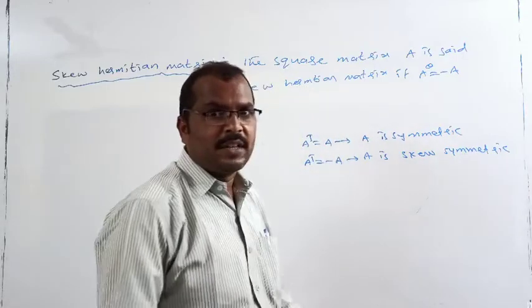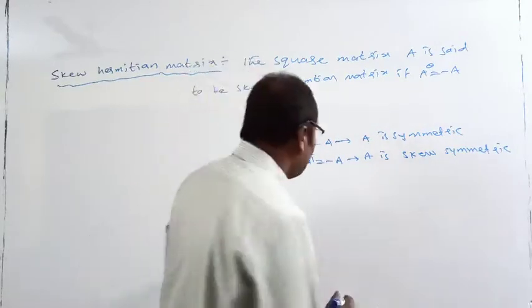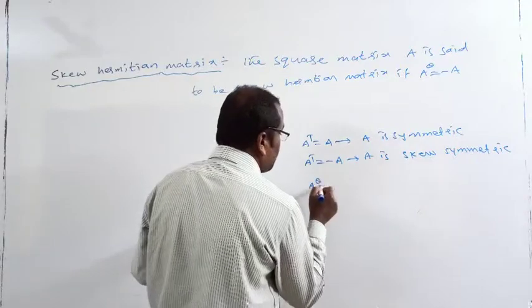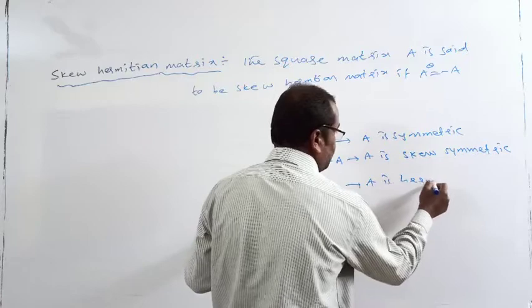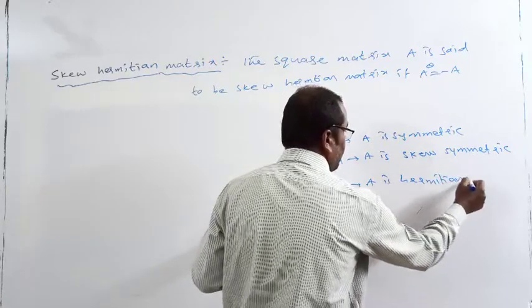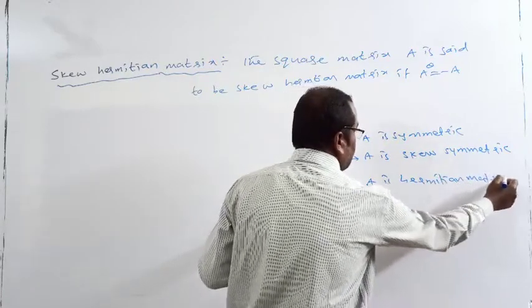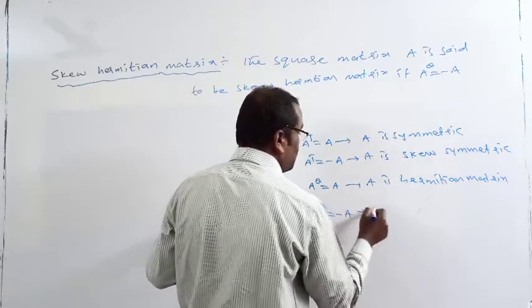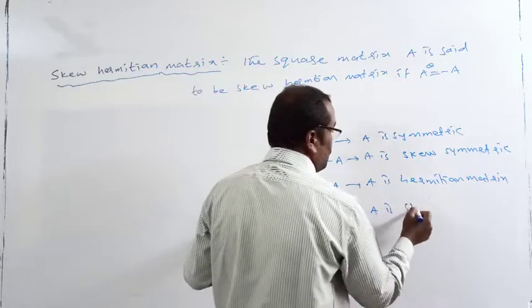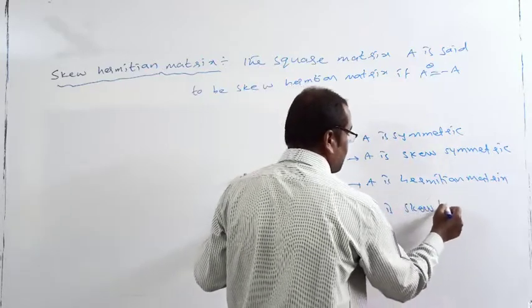Just we are observing the name of the matrices. Now next one is A power theta equal to A, A is Hermitian matrix. Now last one, A power theta equal to minus A, then A is skew Hermitian matrix.